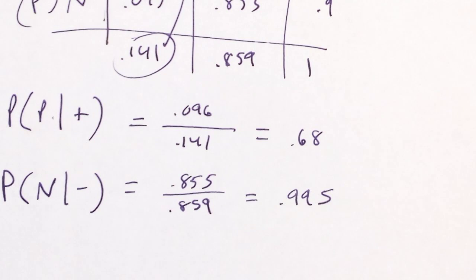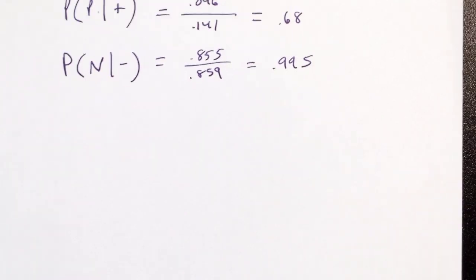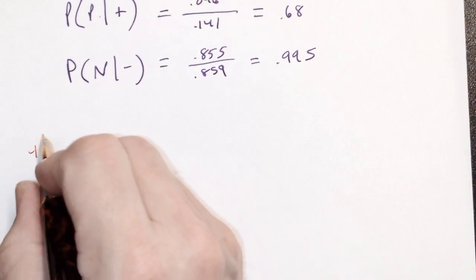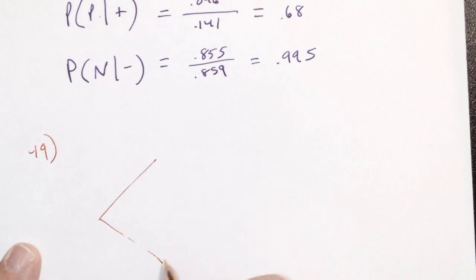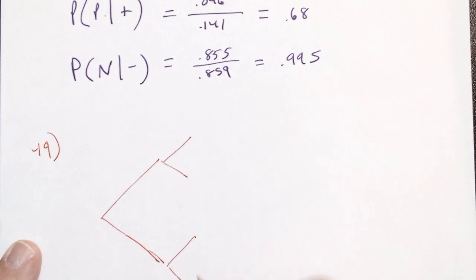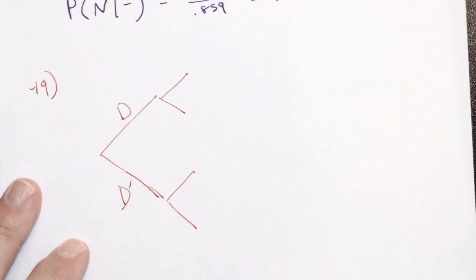So in that problem, number 49, I have people who use drugs, people who don't use drugs.